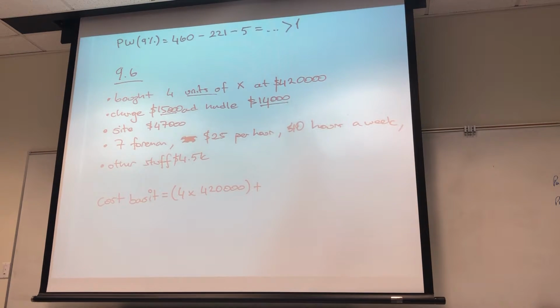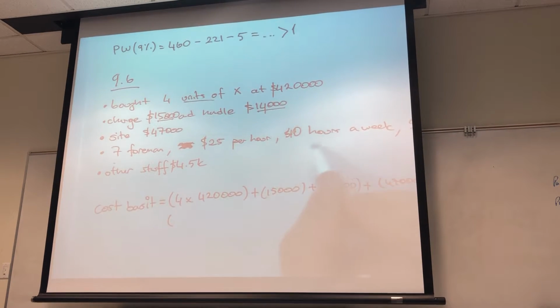So $25 per hour times 40 hours times 5 weeks times 7. Right? This is the only tricky part of this question. The only tricky part. Yes. Yes. And if you add it up, you'll get a number, which is cost basis.